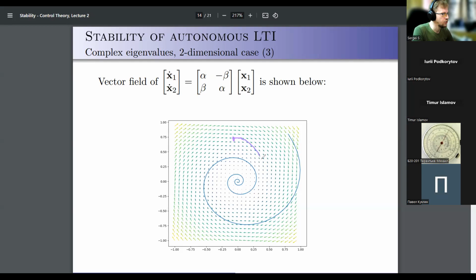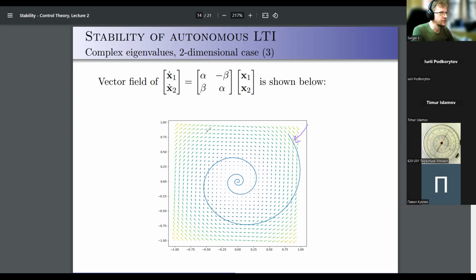You keep going. Eventually the arrows will lead you all the way to where the solution converges. I apologize, it's very hard to draw with the mouse. So this here is the solution. This here is the solution. It approaches the origin.